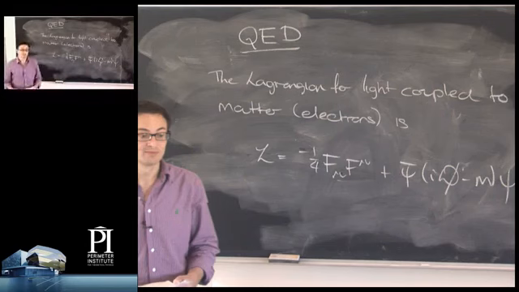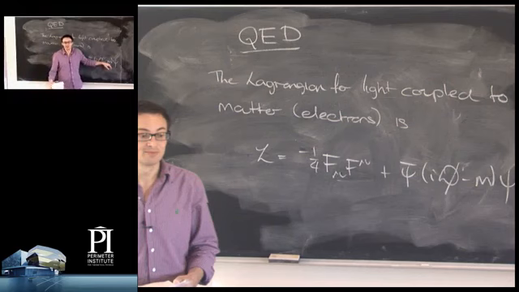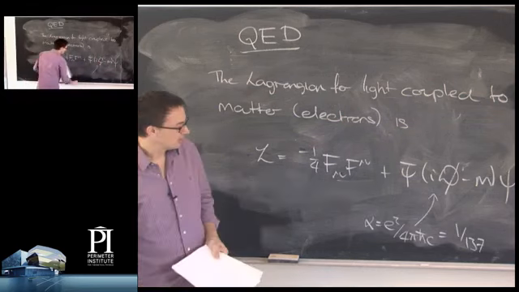Isn't it simple? There's an M here, which is the mass of the electron. You'll learn in the next course that it's not quite that, but certainly related to that. And there's an E that sits in here, which is the coupling constant. The E that sits in there is related to the fine structure constant.